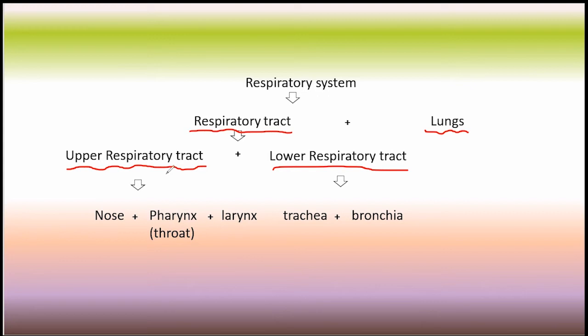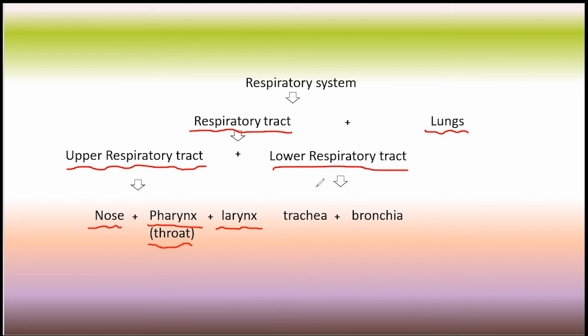The upper respiration tract includes the nose, including the pharynx, usually we're talking about the throat, and including the larynx. Larynx is also the voice box.